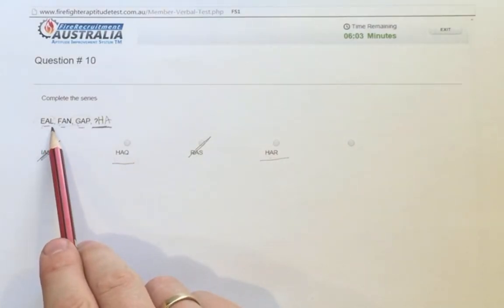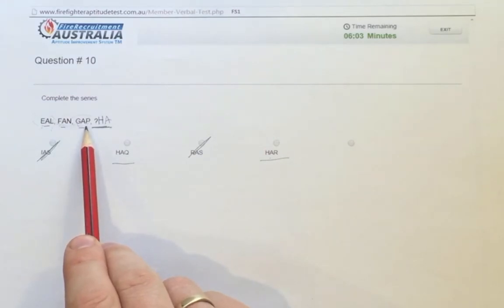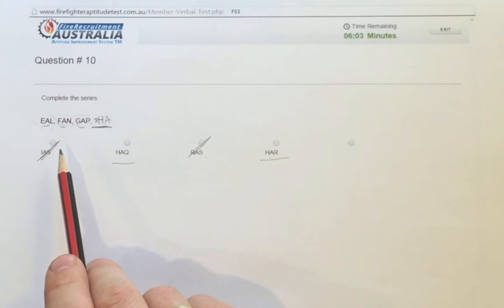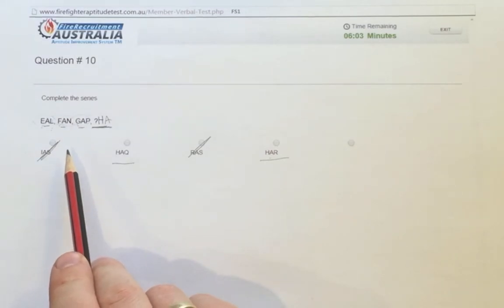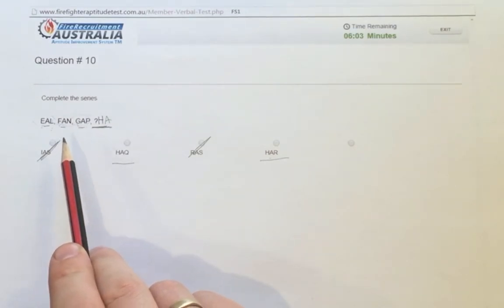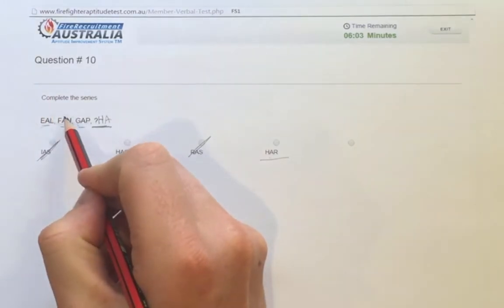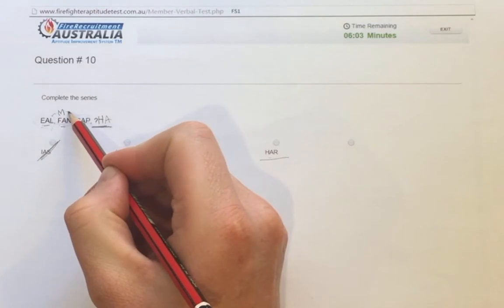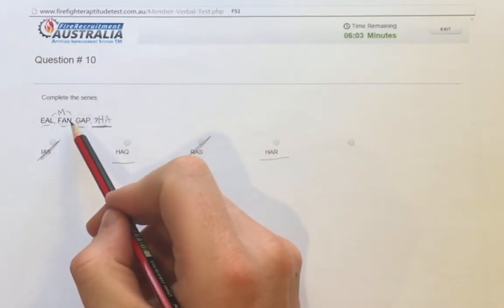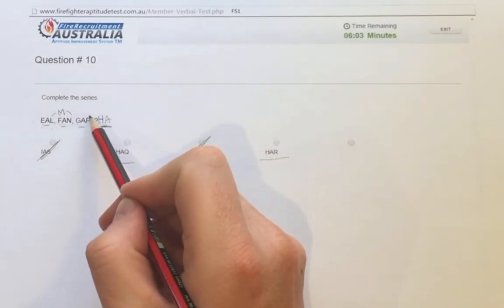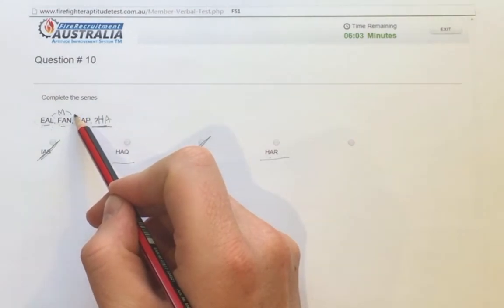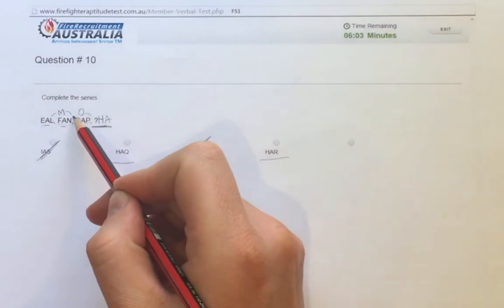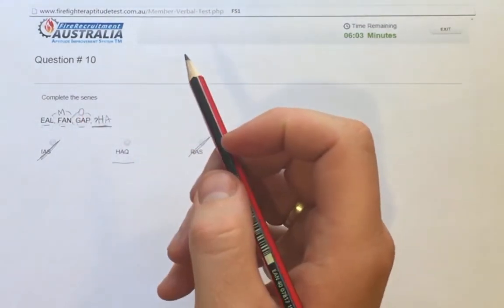So L, N, P. If you look at alphabetical order, A, B, C, D, E, F, G, H, I, J, K, L, M, N. So M's missing between L and N. L, M, N, O, P. So between N and P is an O. So it looks like it's skipping one letter at a time.